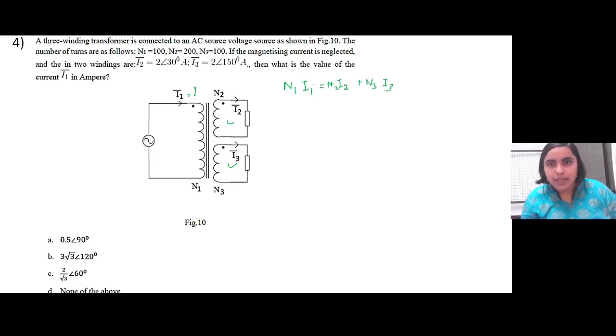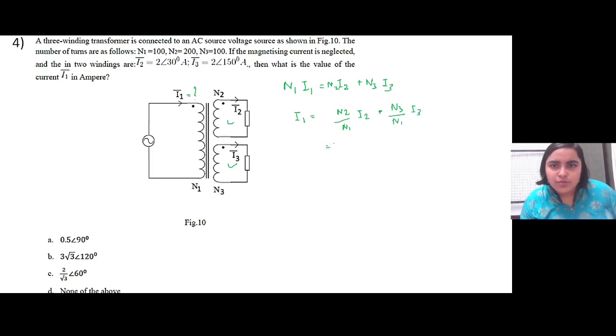We are just balancing the mmf on both sides. What we have to calculate is I1. The rest of the quantities are known, so we can simply substitute. I1 is equal to N2 by N1 into I2 plus N3 by N1 into I3.